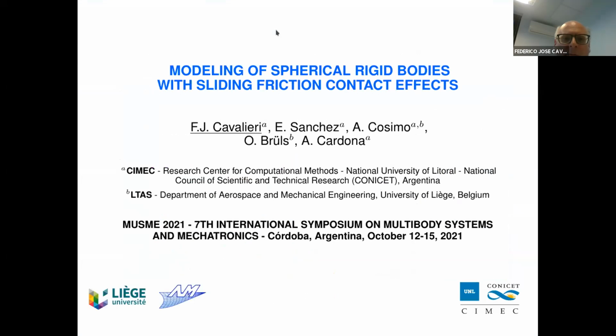Okay, thank you. Hi, everyone. The title of this work is Modeling of Spherical Rigid Bodies with Sliding Friction Contact Effects. This work was prepared by members of 2 groups.